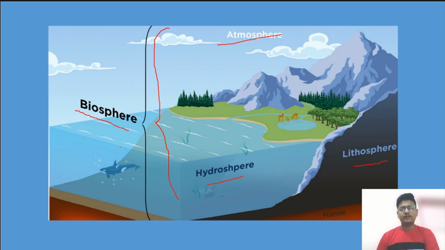And if we protect this area, then it will be known as a biosphere reserve, in which the atmosphere of that place, hydrosphere of that place and lithosphere of that place are protected. Okay students, in this biosphere reserve what different varieties of plants and animals can we see?